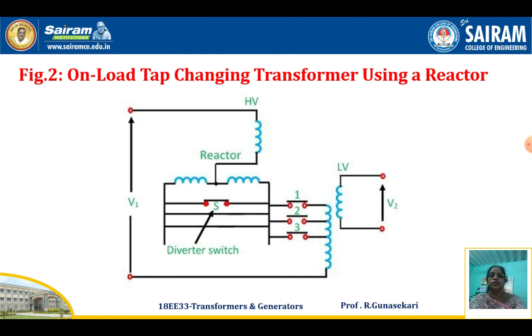Are you clear? Now you see the circuit diagram. First the selector switch position is 1 and the diverter switch S is closed.